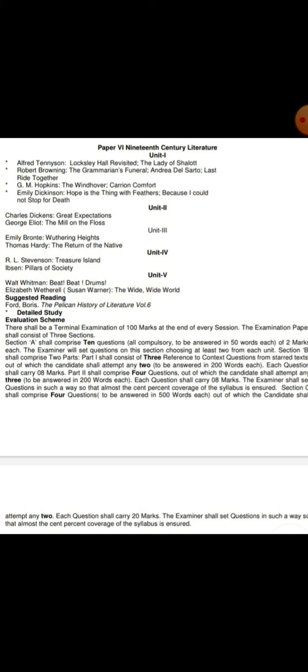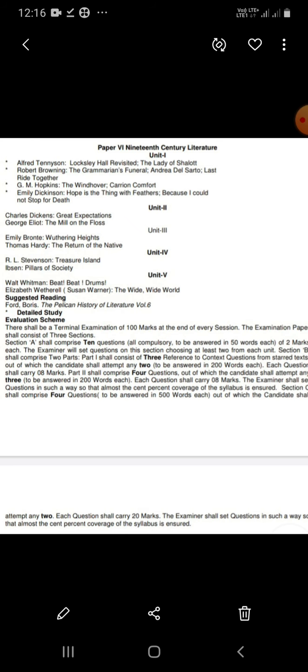The second poet in this unit is Robert Browning. I don't think this poet is unfamiliar to you, especially those students who come from an arts background and had English literature as an optional paper in their BA classes.